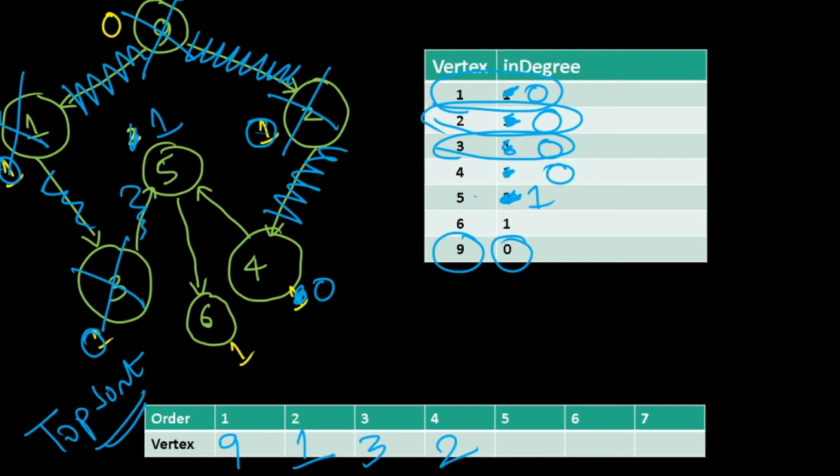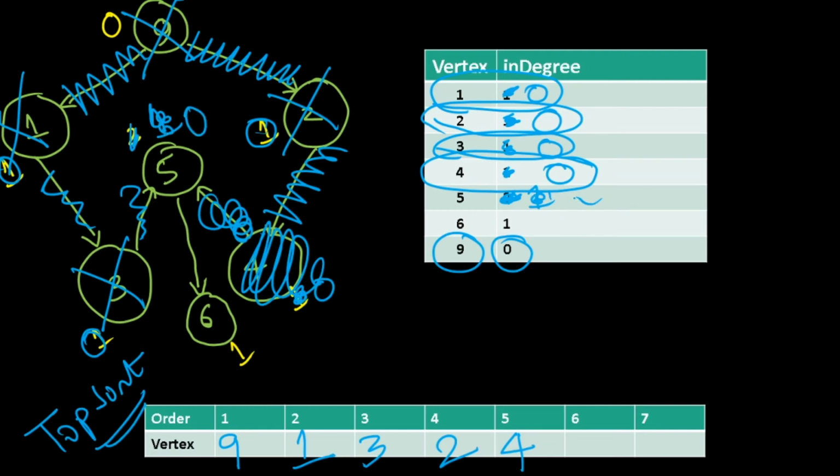Now there is only one such vertex with in degree 0, that is 4. So we now put this in our topological sort order. 4 goes here. It is eliminated from the graph. The edge is also eliminated from the graph. The in degree of 5 is decremented, so it becomes 0. Correct? So now we only have one vertex with in degree 0, that is vertex number 5.